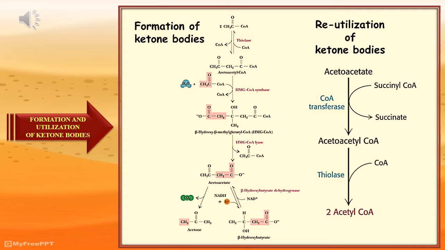Then to acetoacetyl-CoA by means of CoA transferase, where succinyl-CoA is used and converted to succinate. And this activated acetoacetyl-CoA, by means of the thiolase enzyme, is converted to 2 molecules of acetyl-CoA. So acetyl-CoA is reformed, and it enters the Krebs cycle along with oxaloacetate for production of ATP.